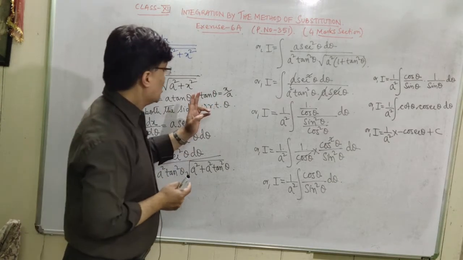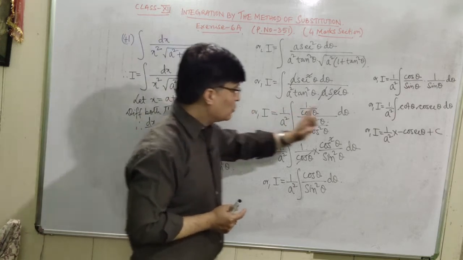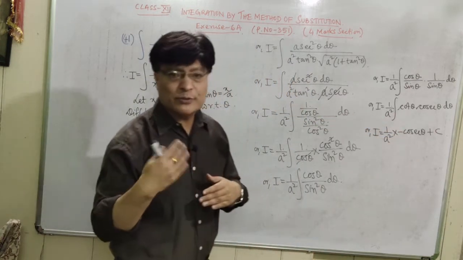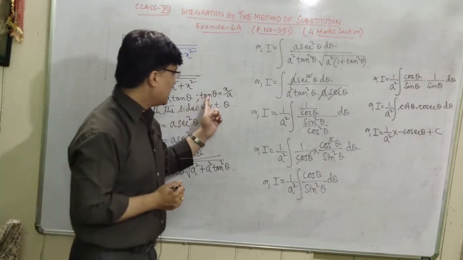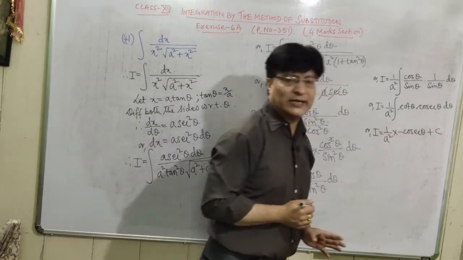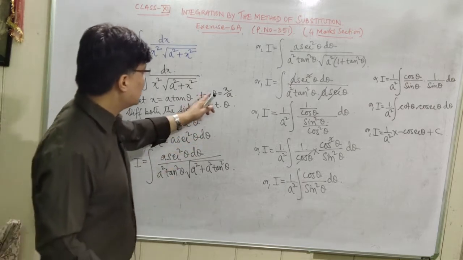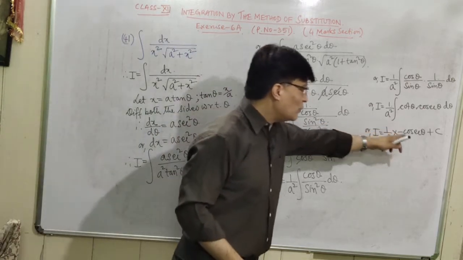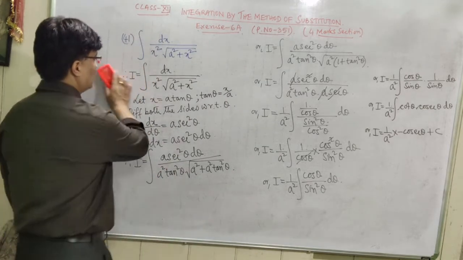So now if tan theta is equal to x upon a, you have to get the value for cosec theta in terms of x and a. Is that clear? If tan theta is equal to x upon a, then what is the value for cosec theta? You have done it in class 10. Let us find it. Okay.